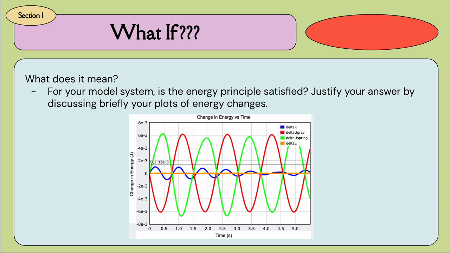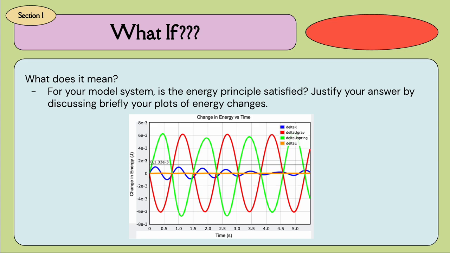Although the kinetic energy, the blue line, the gravitational potential energy, the red line, and the spring potential energy, the green line, all vary periodically, they all signify how the energies should balance each other out.